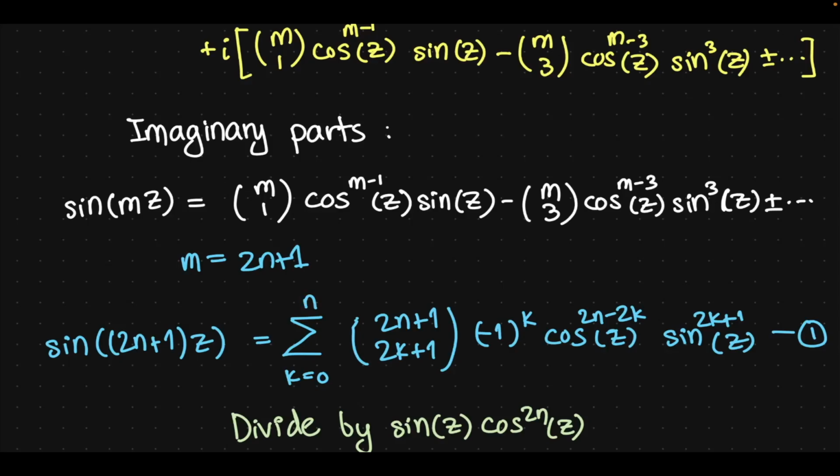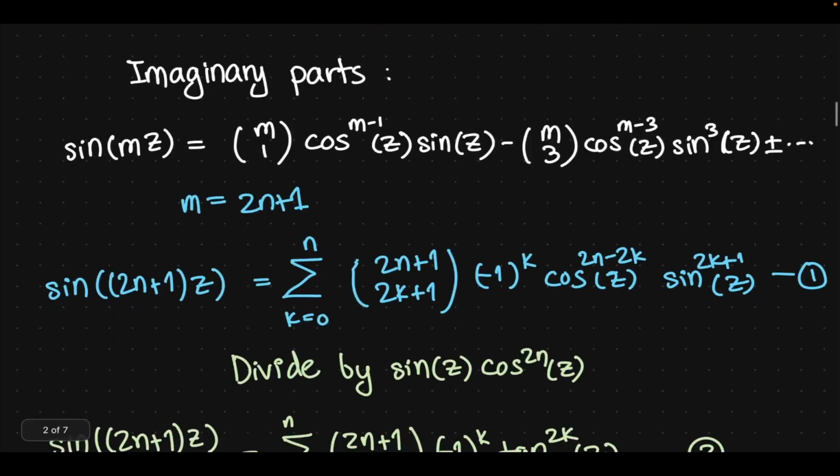So we have (2n+1 choose 2k+1), (-1)^k because we're alternating the signs, cosine to the 2n minus 2k, because this was the difference between 2n+1 and 2k+1, which ends up being 2n minus 2k. And we have sine of the bottom part, so sine to the 2k+1 of z.